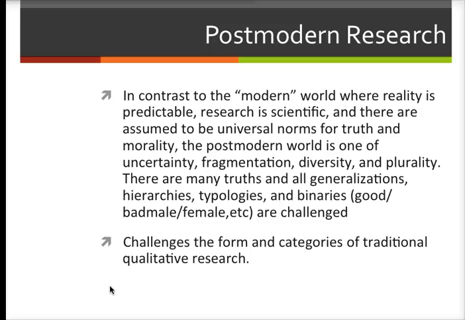It challenges the form and categories of traditional qualitative research. A postmodern design could be something that you do. I would sooner think that you would maybe apply a postmodern lens to a case study rather than trying to create a postmodern style study.